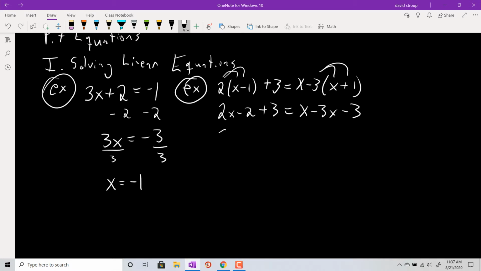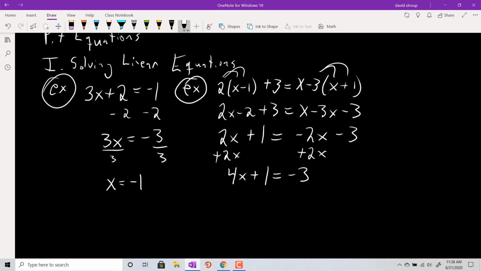Then I want to combine like terms. Negative 2 plus 3 is 1. X minus 3x's is negative 2x's. I want to collect all the variable terms on one side. And now it's in the form of the previous question. So if we can do the last one, we should be able to do this one.